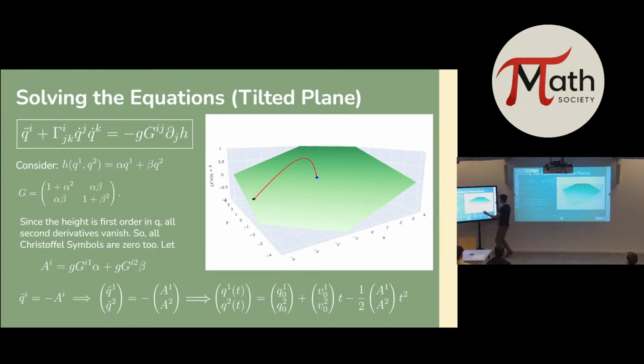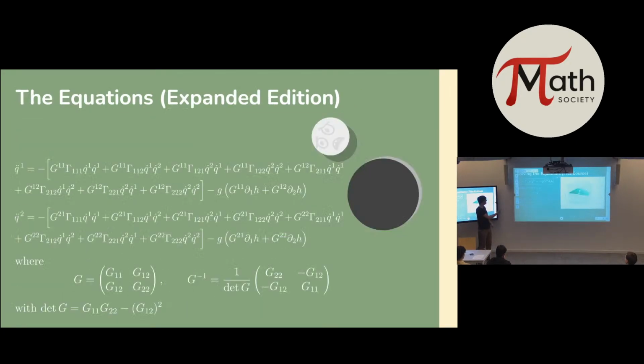So on our diagram, the acceleration on this point is just consistently pointing down the plane. That's what this means, and that's exactly what we would expect. When we integrate it all, we get something quadratic with a forcing term or acceleration down the plane. And so we get this tilted parabola, which is what we would expect. This is about as much as you can do analytically, because remember, if not, these become non-zero and you get this monster to deal with.